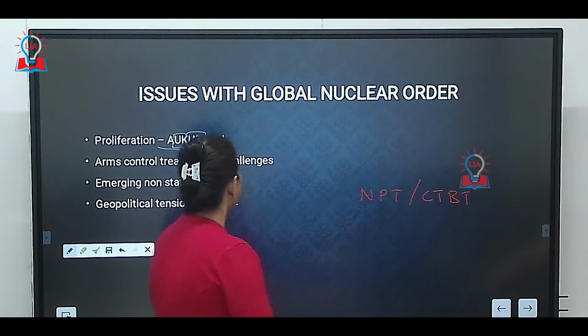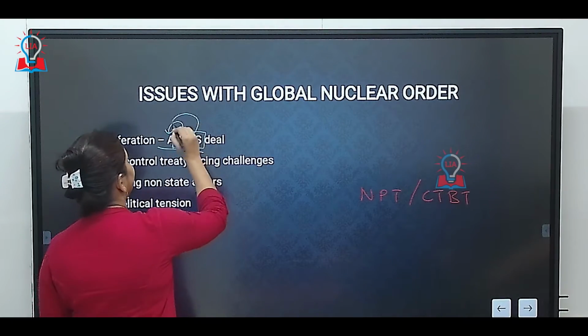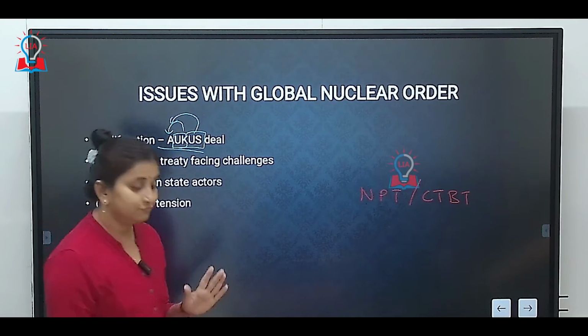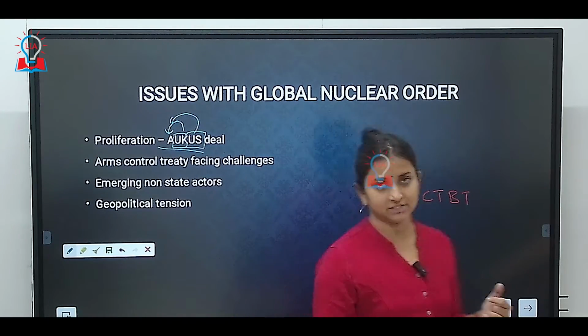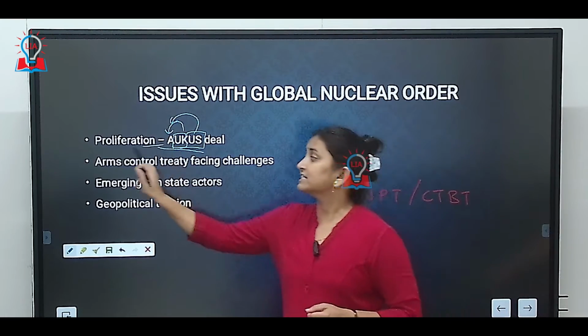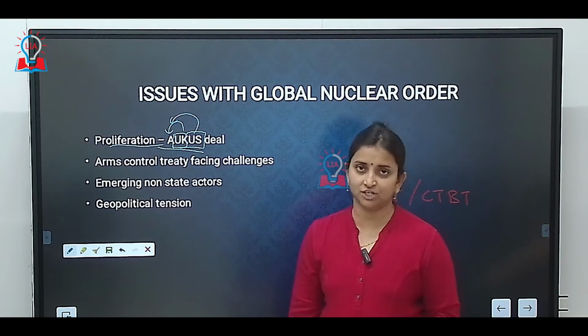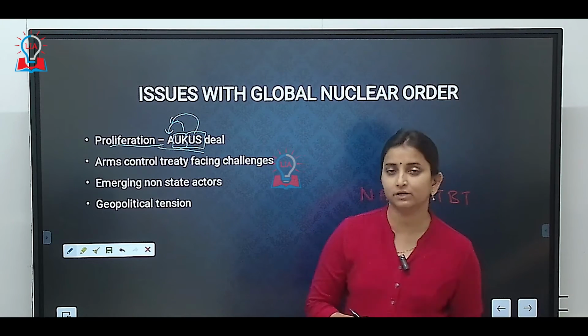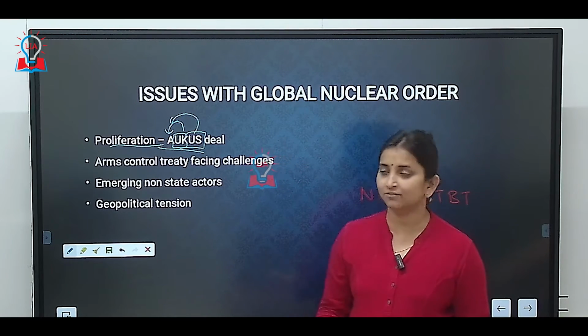Under this deal, both these countries are ready to supply nuclear material to Australia, a non-nuclear state. So it is leading to some proliferation. Australia can redirect it for the development of missiles instead of nuclear energy.